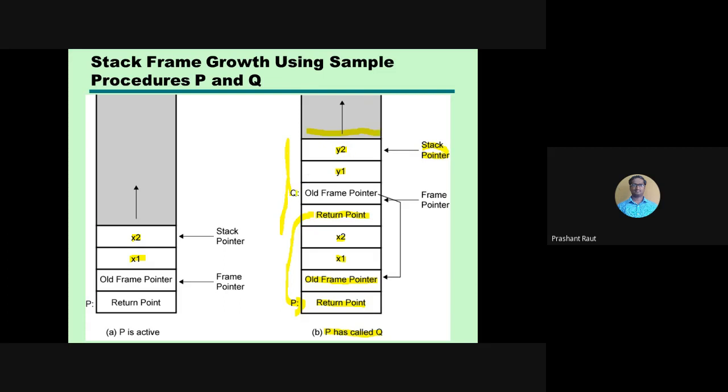Now suppose Q makes a call to another procedure, then again you will make an entry that contains first a return pointer for the function called by Q, then the old frame pointer, and then the local parameters. So this is the stack frame when you are using multiple procedure calls.